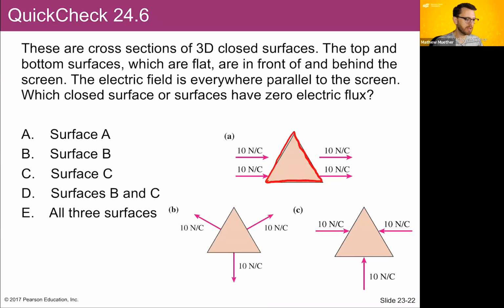Okay, the question here is, which of these closed surfaces have zero electric flux? So let's have you guys answer that. Which of these have zero electric flux?